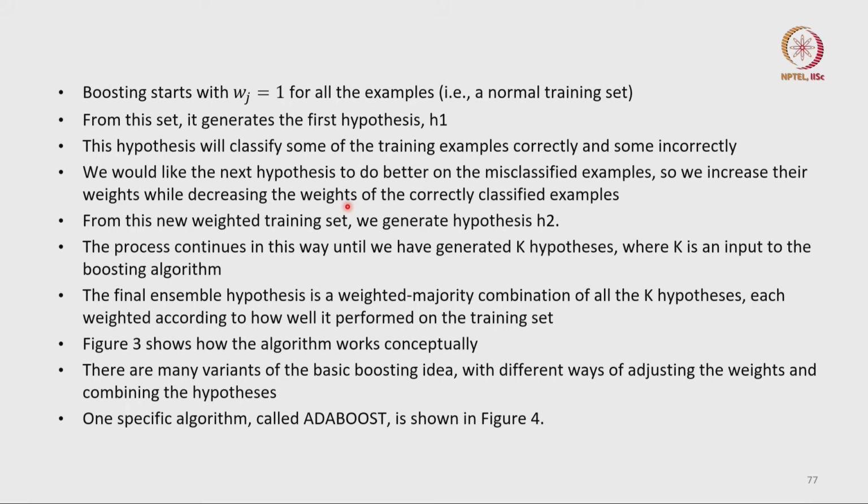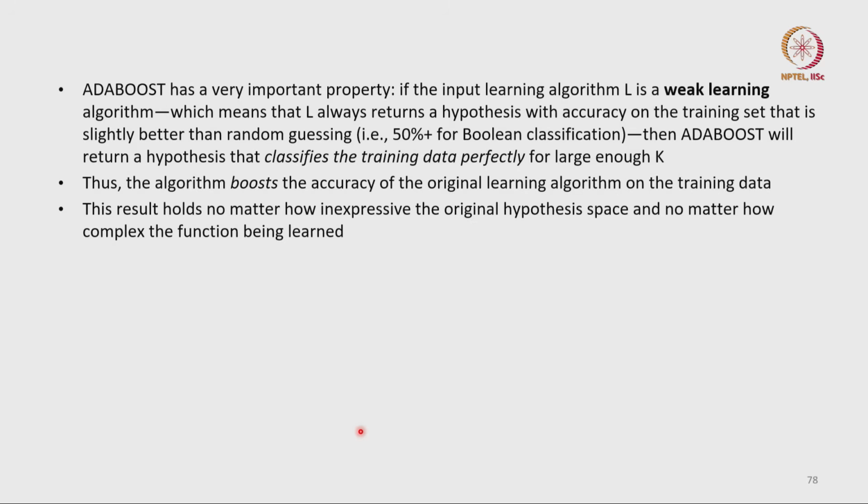You keep doing this for the next hypothesis, and the next, changing the weights for each hypothesis, and this is what is called the AdaBoost algorithm, which is a very well known boosting algorithm.